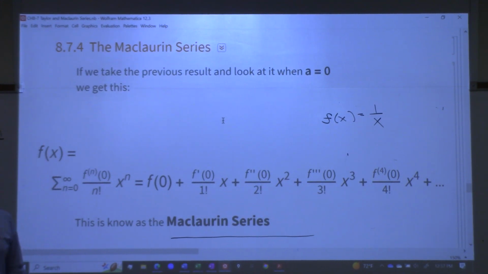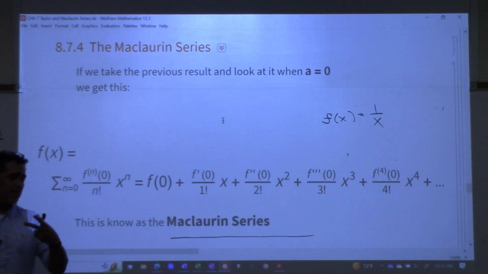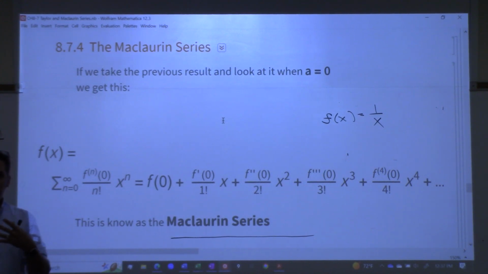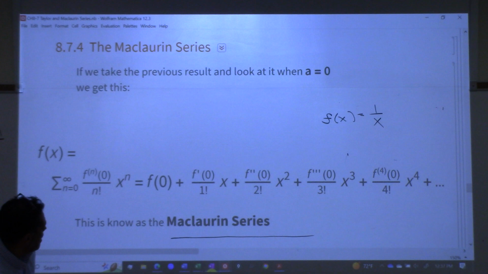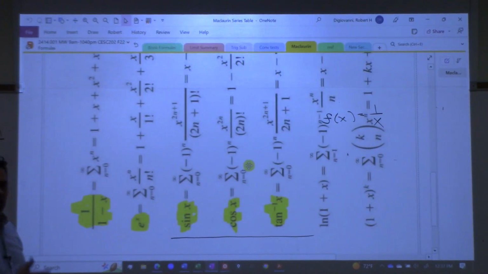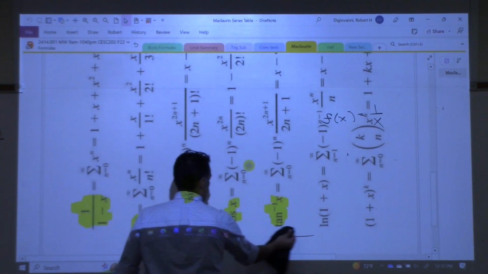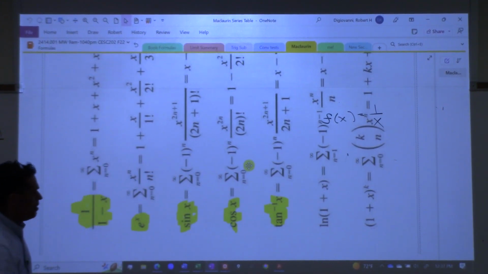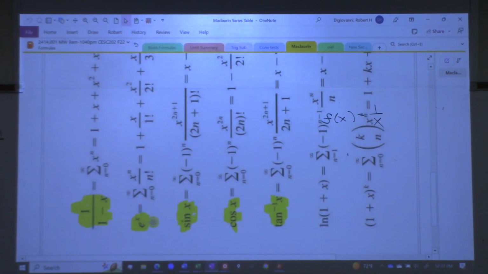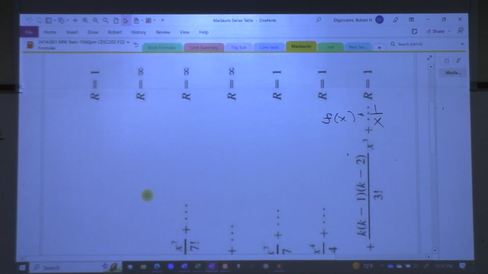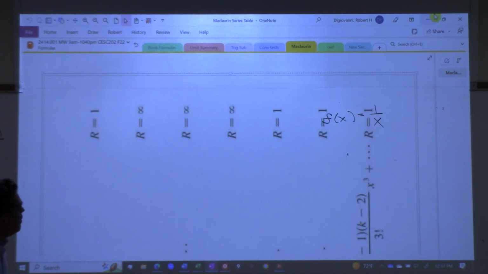So the question would be, the series that we're getting, are they actually valid? Like, do they converge or diverge? And so we'd have to run a ratio test on that, or I should say, is there an interval where they're good? And there's some good news in this, and that is for the functions that we use a lot, like e to the x, it says here in our notes what the interval or radius of convergence is.